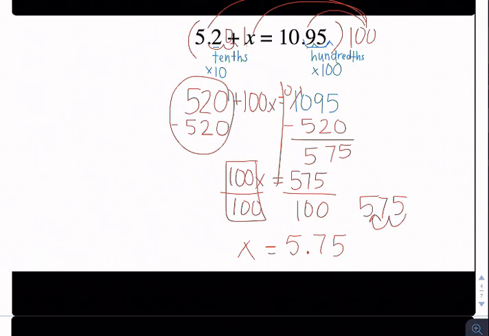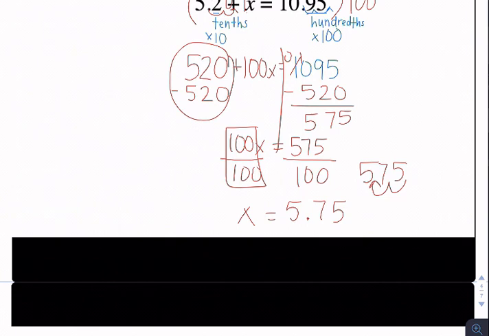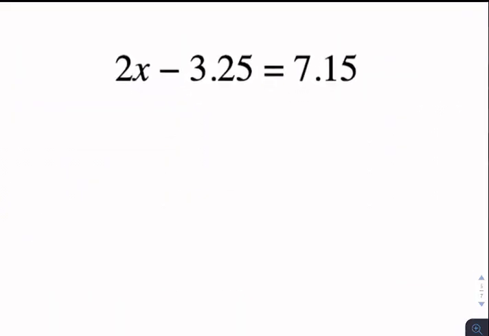So it just really depends on how comfortable you are with your operations with decimals. So let's do another example here. All right, so this one, we have 2x minus 3 and 25/100 equals 7 and 15/100.